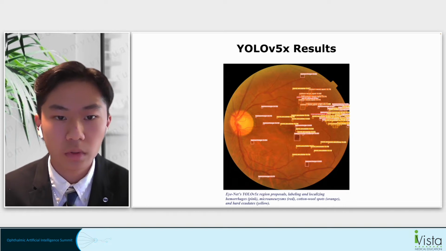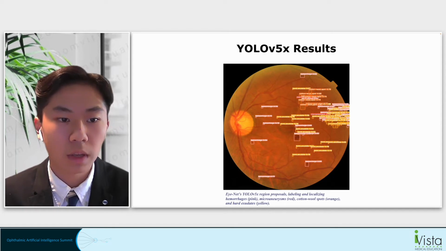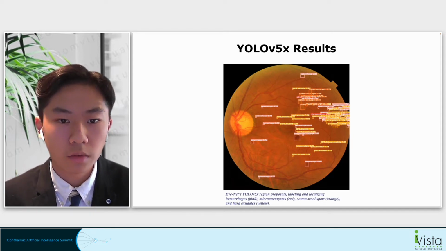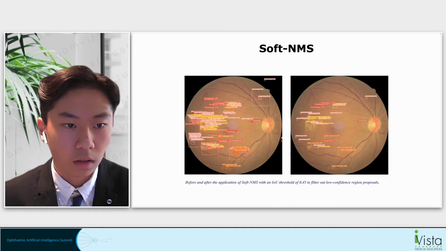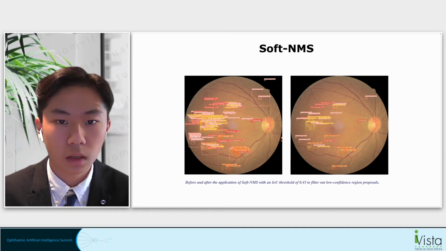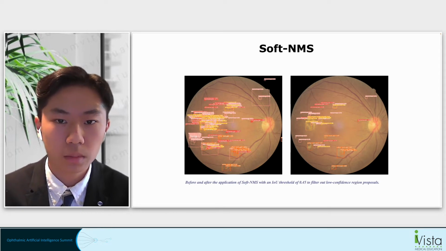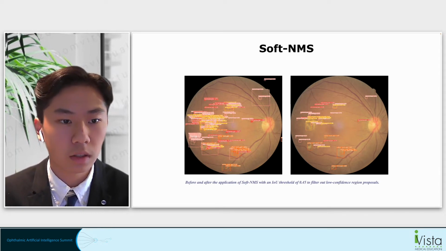A prominent example is seen in the middle, where a hemorrhage was precisely localized and labeled by my algorithm with a confidence score of 89%. And then observed in this before and after illustration, the soft NMS technique successfully coalesced extraneous bounding boxes, which enabled a more accurate interpretation by either eye doctors or patients alike.